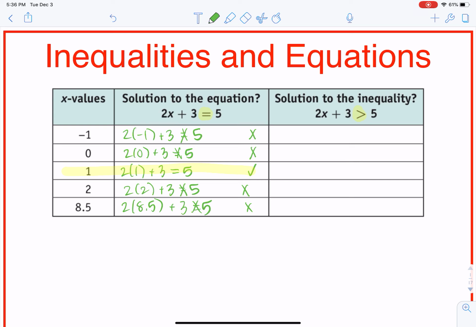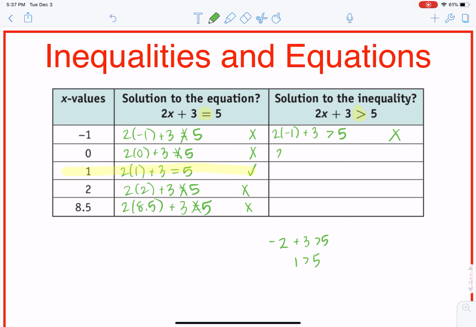So let's think about what happens when we're talking about inequalities. 2 times -1 plus 3, is that greater than 5? 2 times -1 gives me -2, plus 3 gives me 1. Is 1 greater than 5? This is not true.